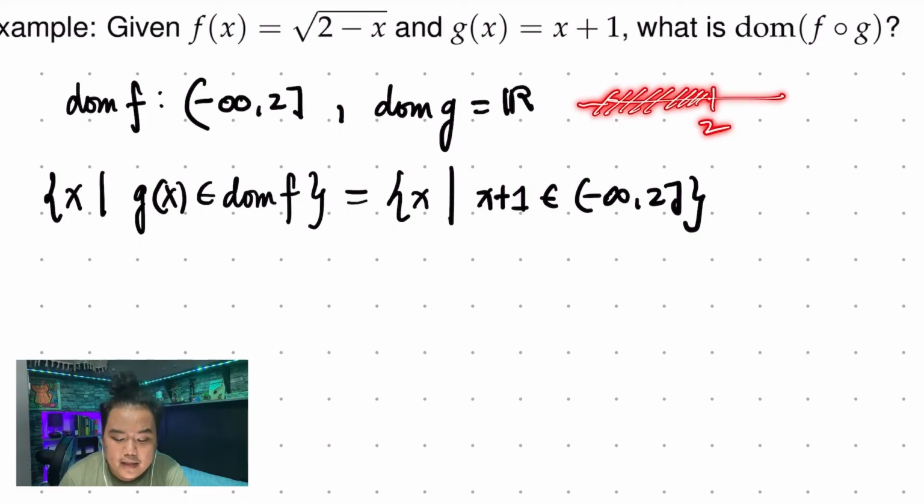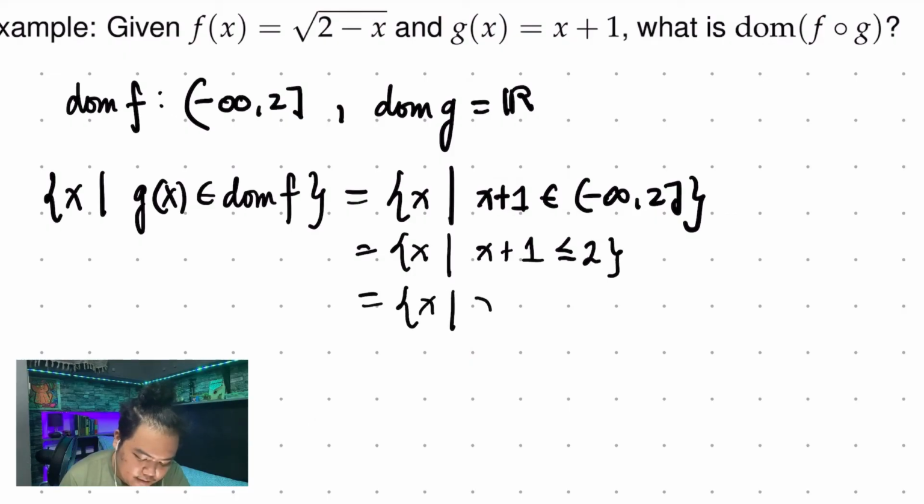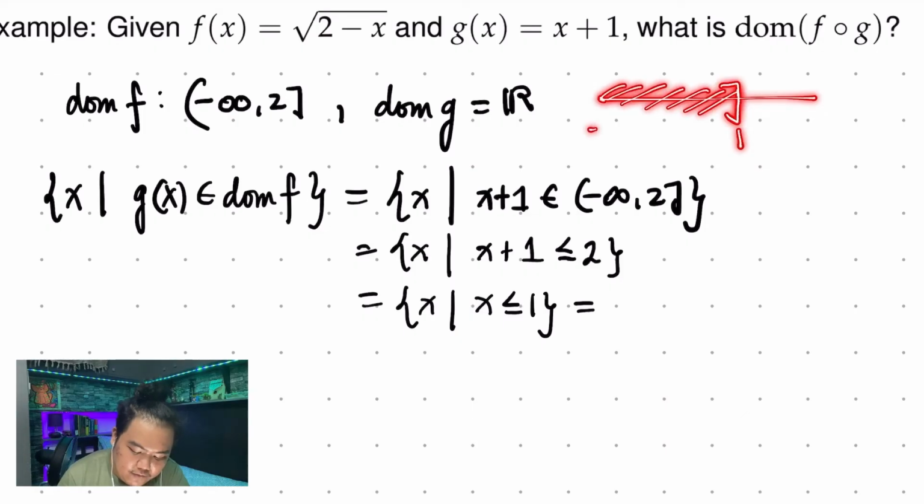Ibig sabihin, less than or equal to 2 ka kasi nandito ka sa left ni 2. Or pwedeng ikaw si 2. So, this means the set of X such that X plus 1 is less than or equal to 2. And then you solve for X. Or ano tong interval na to? Ito si 1 less than equal to 1. So, negative infinity to 1.